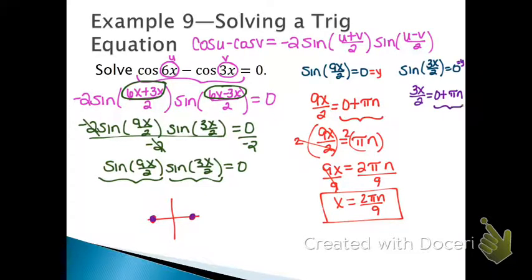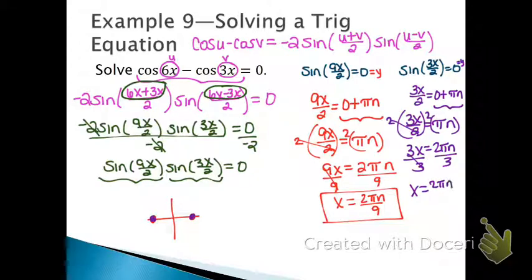I'm going to combine those. So 3x over 2 equals pi n, and then just get x by itself. And so x equals 2 pi n over 3, where n is an integer.